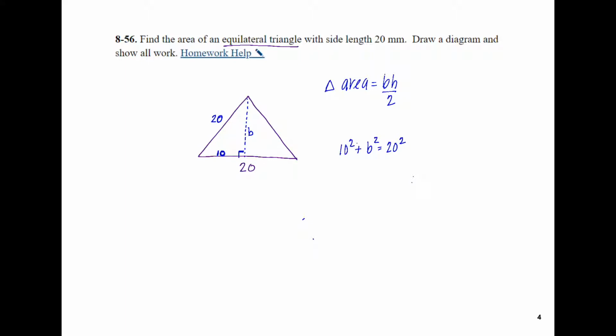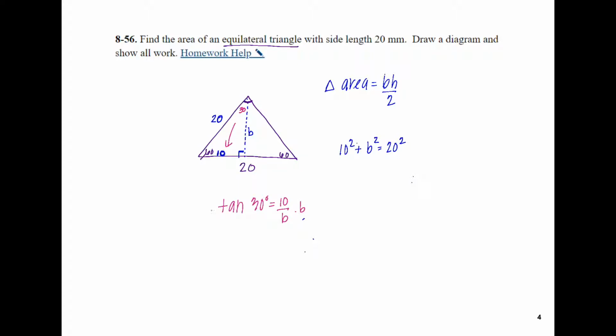Because I know that this is an equilateral triangle, I know all of my angles must be equal. So this angle would be 60, this angle would be 60, this angle combined would be 60, which would make this little piece 30. So you could use the tangent of 30 degrees is equal to the opposite, which is 10, over b as another method.